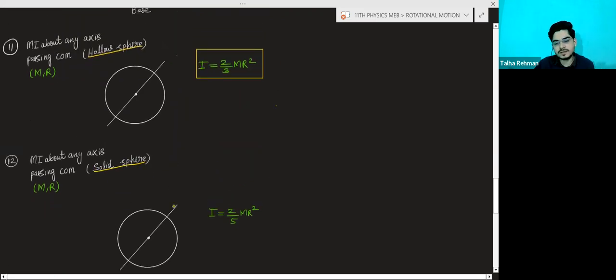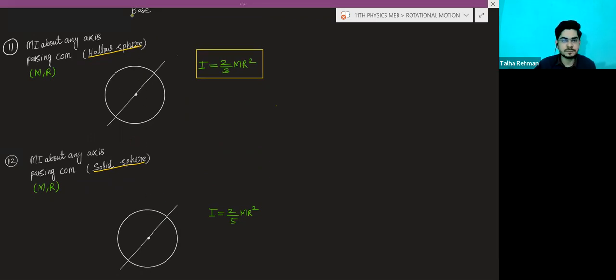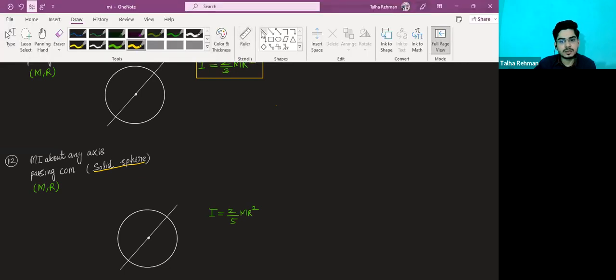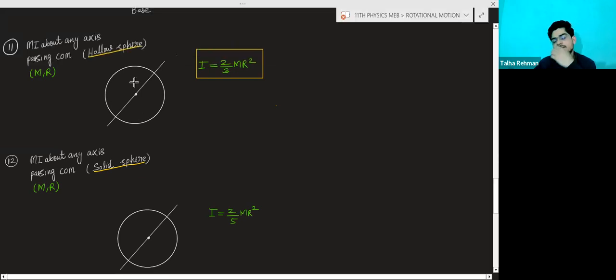You can compare the moment of inertia of the two spheres. If this is the hollow sphere, the mass will be away from the axis, at a greater distance. Here the mass is uniformly distributed, but there the mass is far apart.